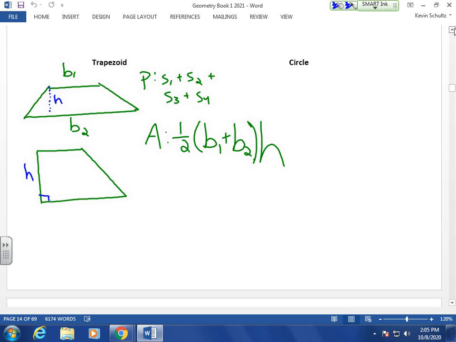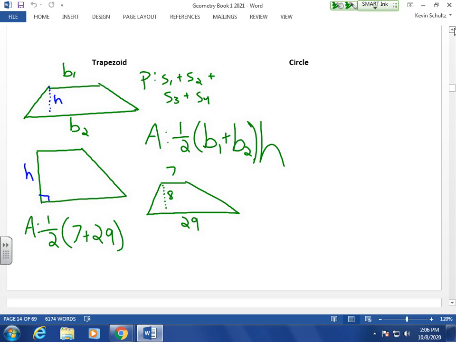So, since it sounds like we're kind of unfamiliar with trapezoids, if I gave you a trapezoid that looked like this, made this 17, made this about 29, I suppose, and gave you a height of 8, to calculate the area, you would be taking 1/2 times the sum of the bases, so 17 plus 29 times 8.